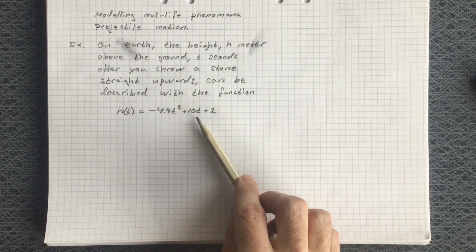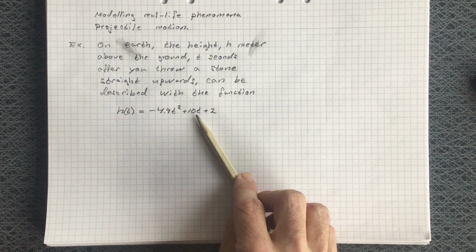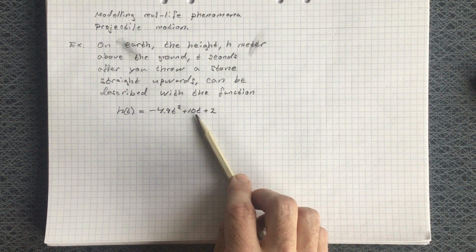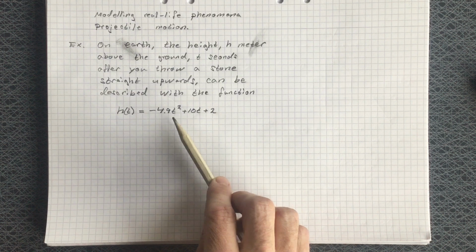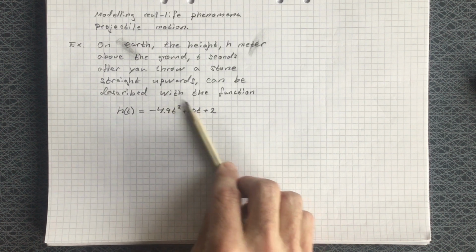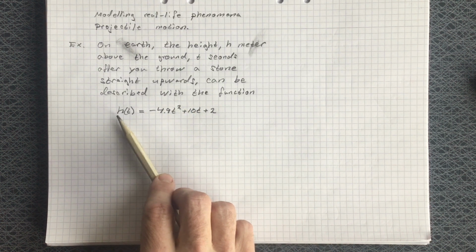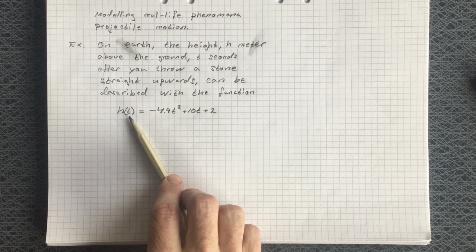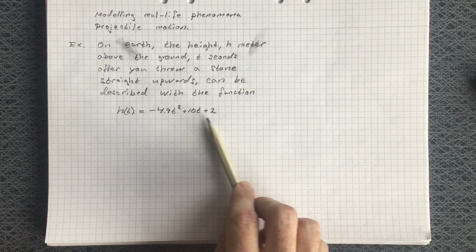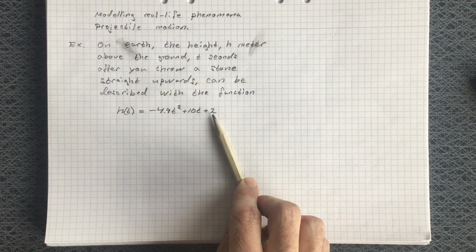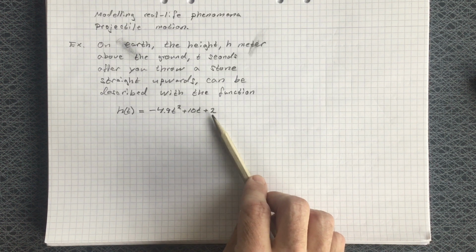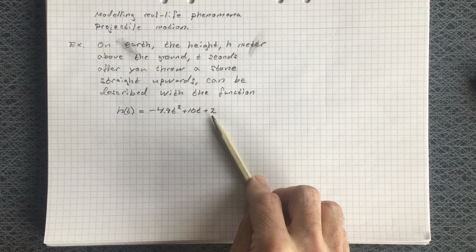So the time is 0 when it leaves my hand. So when t is 0, these two terms become 0. So h0, the height when the time is 0, will be 2. So that is where it leaves my hand, 2 meters above the ground.